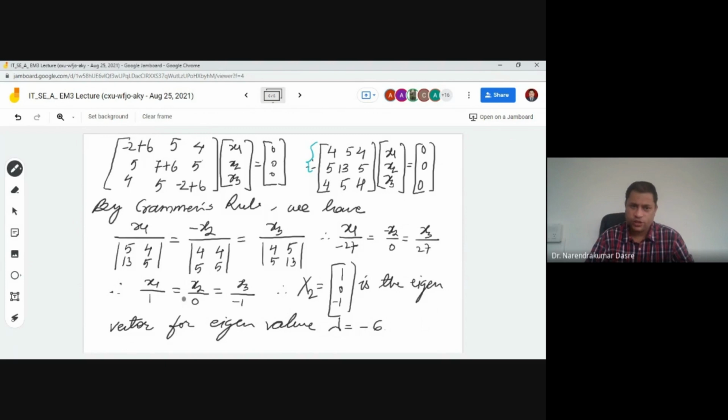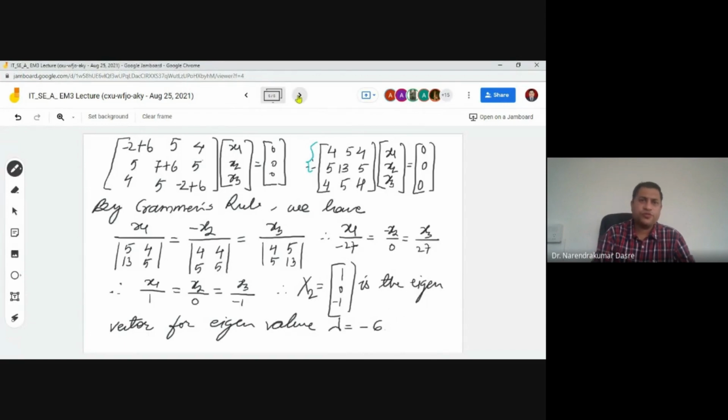So the line is in the x and z plane, since the y component is 0. That's why we have to be careful. The equation of the line is x is equal to minus z, or we can say z is equal to minus x, like that. So this is the line.